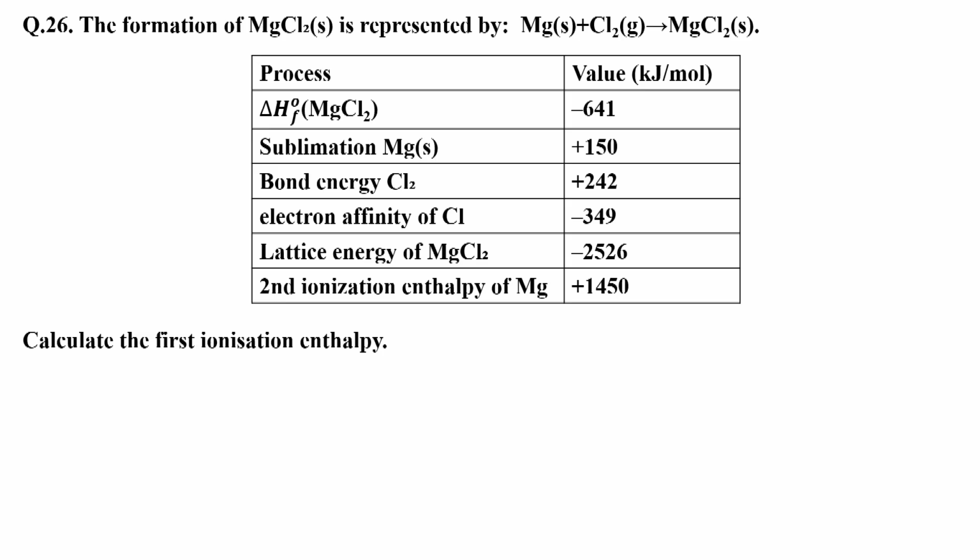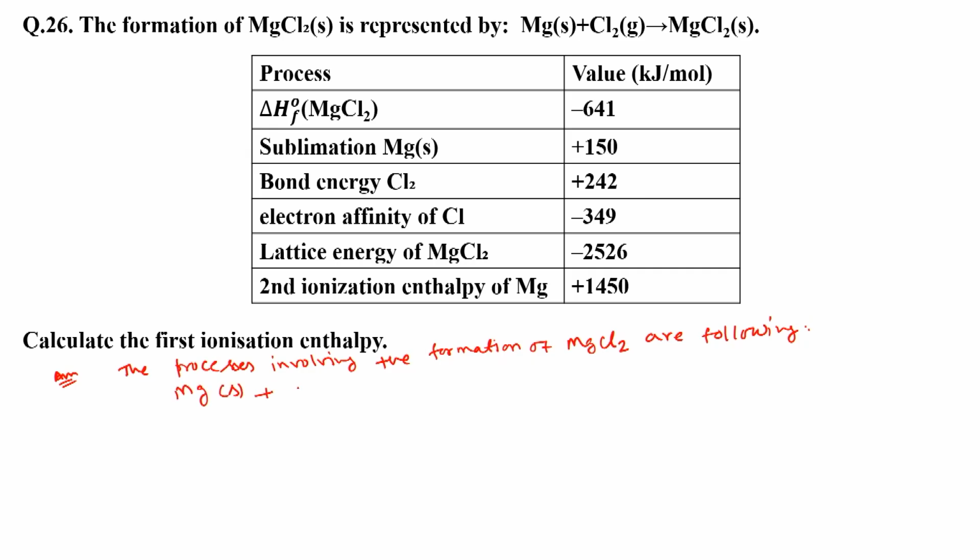Okay. So again we will use the Born-Haber cycle. The processes involving the formation of MgCl2 are following. First is Mg solid plus Cl2 gas gives MgCl2 solid.